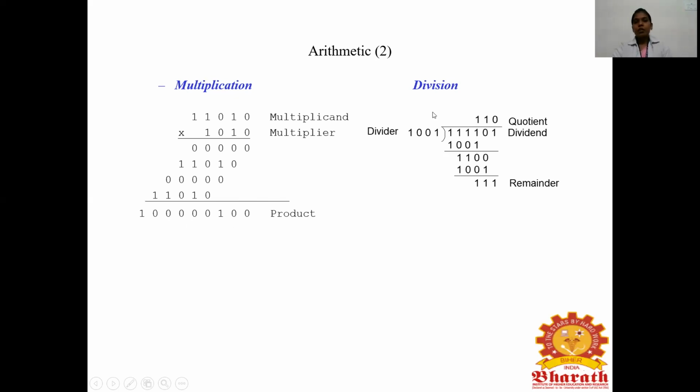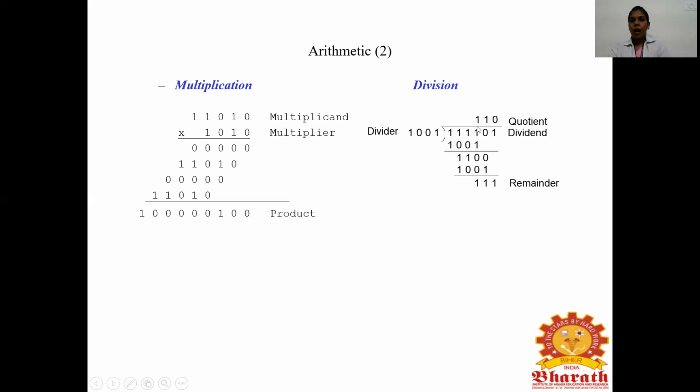And the division. The dividend we have is 1 1 1 1 0 1, and the divisor we have is 1 0 0 1. We take 4 digits and see whether that is greater. Yes, 1 1 1 1 is greater than 1 0 0 1, so we can proceed by taking the first 4 digits.